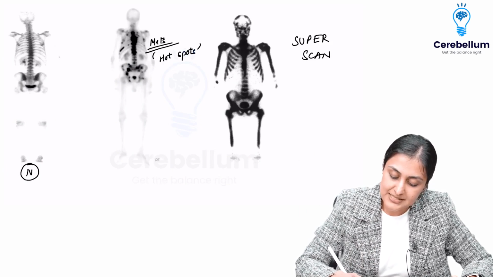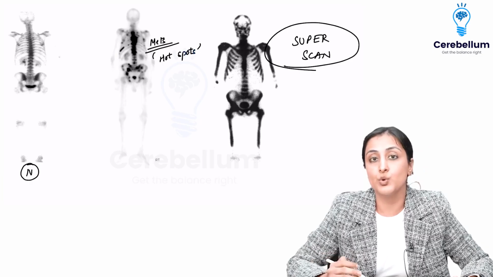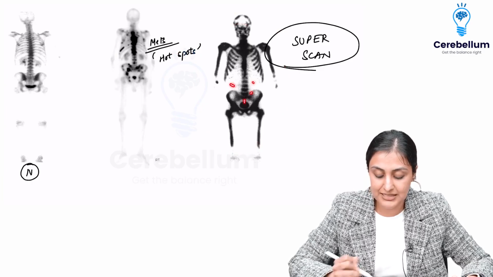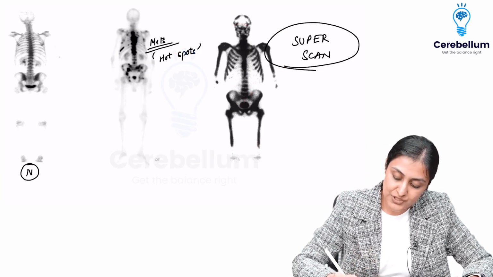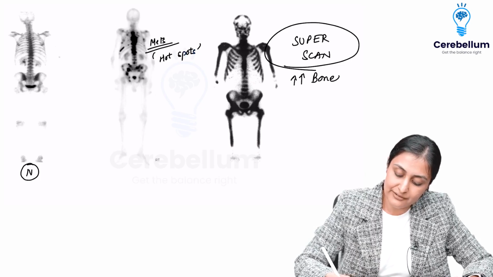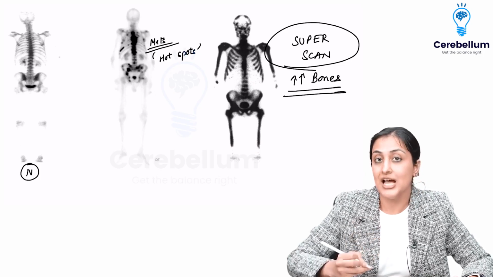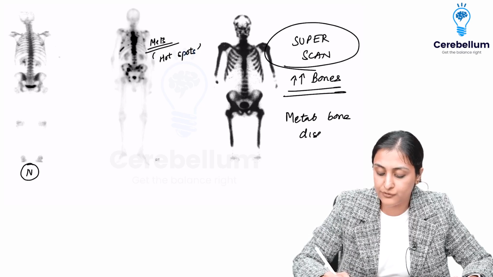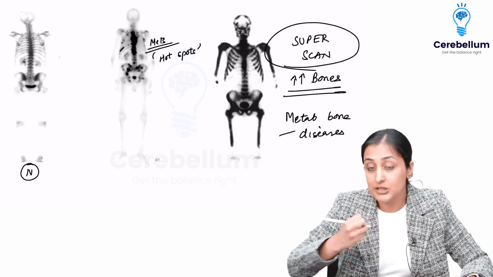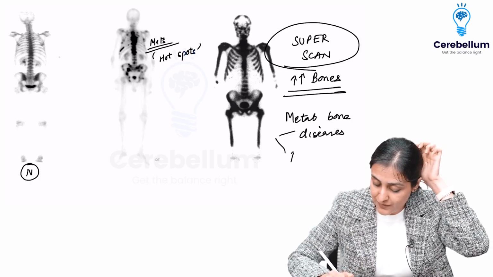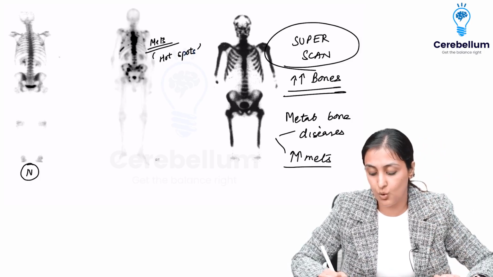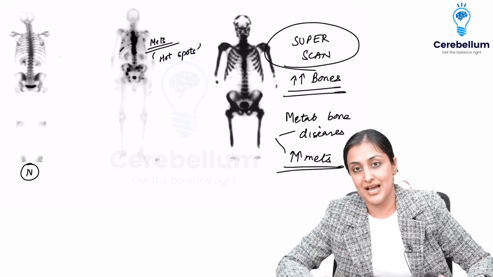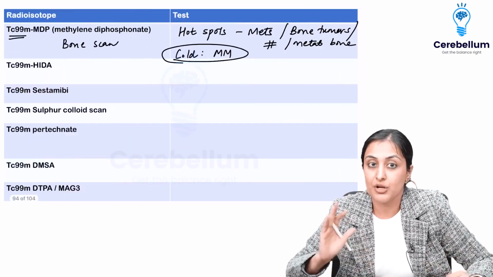A super scan is an investigation where all of the bones are taking up so much uptake. Look at this, even the kidneys are not seen. So this is a super scan where all of the bones are showing diffusely raised uptake, and this is what we see in metabolic bone diseases because now all of the bones of the body are affected. The other theoretical possibility is where you have many metastases. All of the bones have multifocal metastases resulting in a super scan. So that is what you need to know about bone scan.